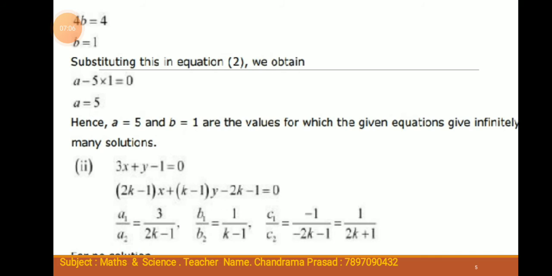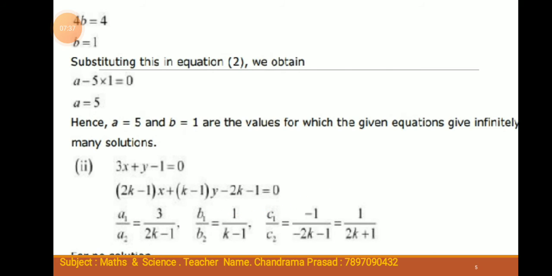Second, the given pair of linear equations in two variables are 3x plus y minus 1 equals 0 and (2k minus 1) x plus (k minus 1) y minus (2k plus 1) equals 0.